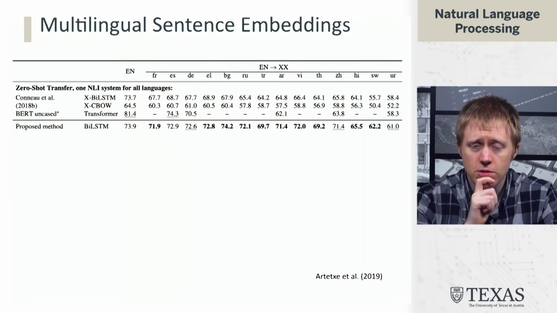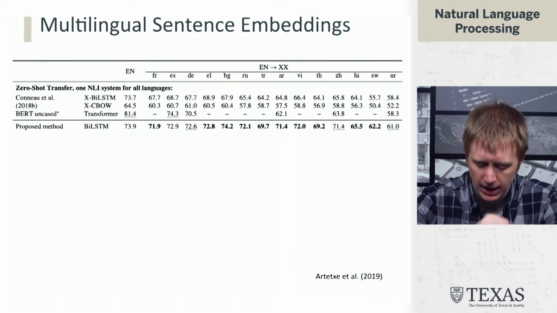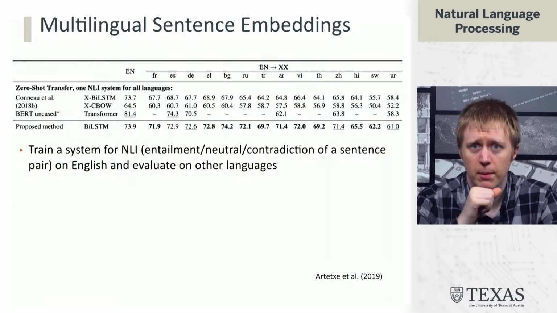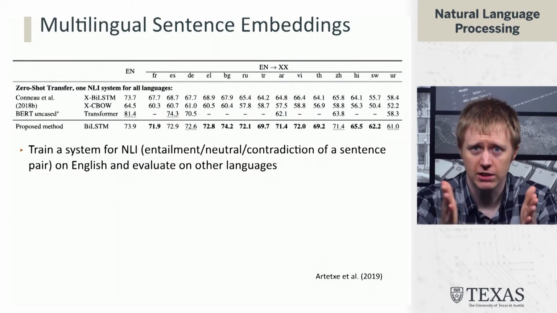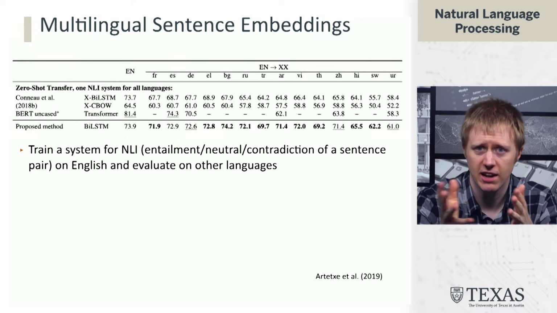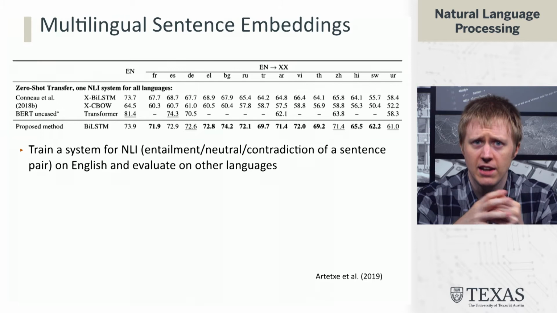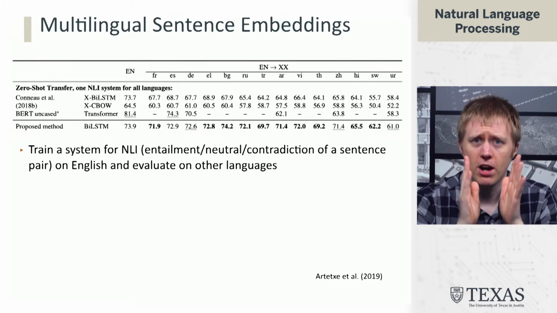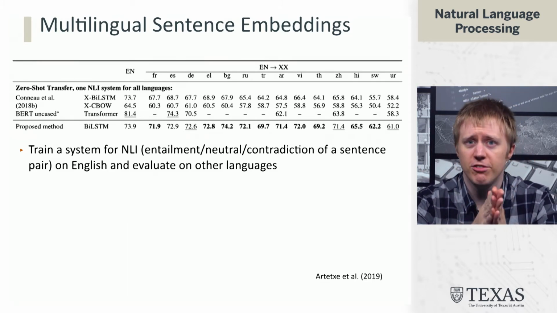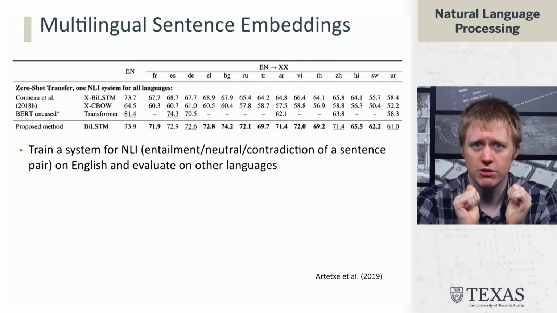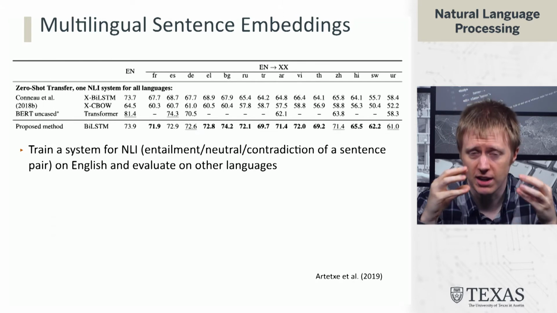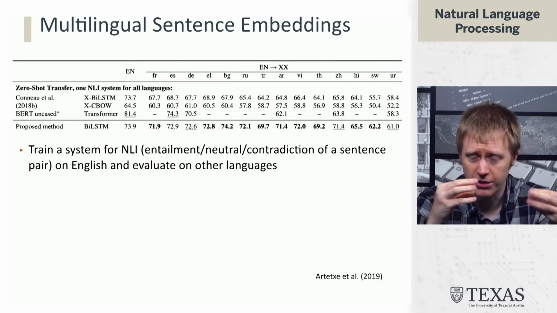And so what they do is they look at the task of natural language inference. Remember that this was looking at two sentences and deciding whether they entail each other, contradict each other, or are neutral. And so they can train a system on English and then evaluate it on other languages. They train it to operate over these representations W of the two sentences.